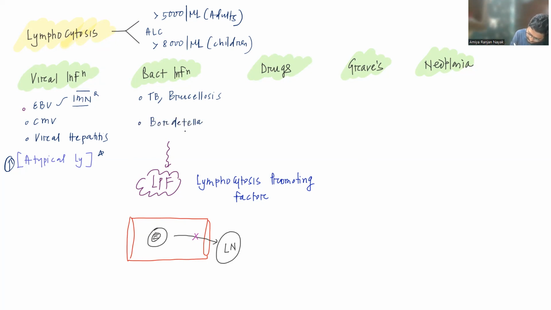This you must have studied in microbiology. Bordetella pertussis causes whooping cough. This actually produces a substance that is known as lymphocytosis promoting factor. This lymphocytosis promoting factor can inhibit the process of sequestration of lymphocytes into the lymph nodes.